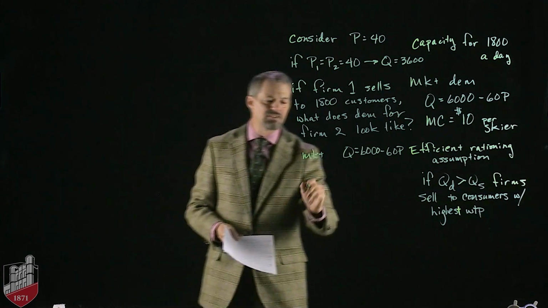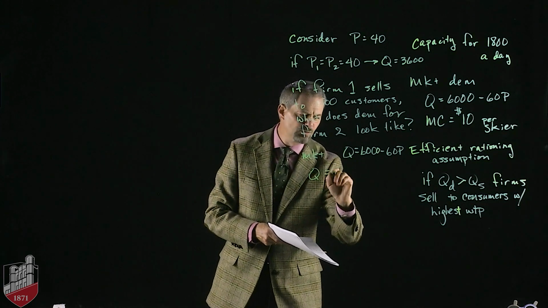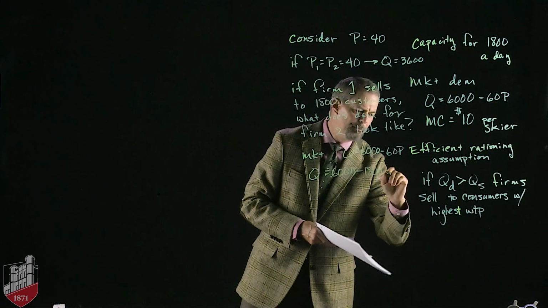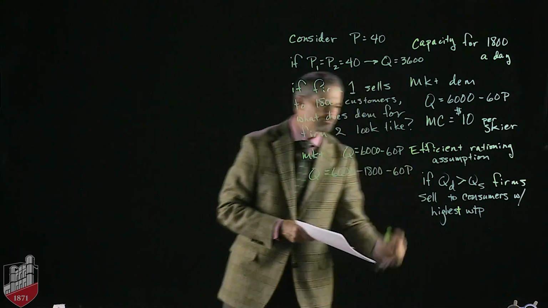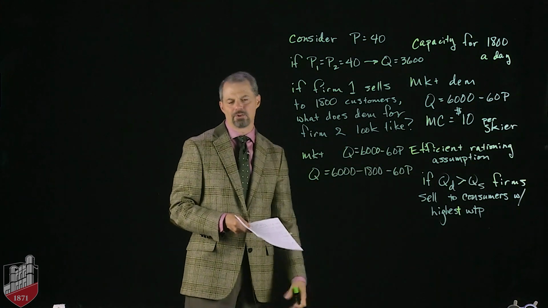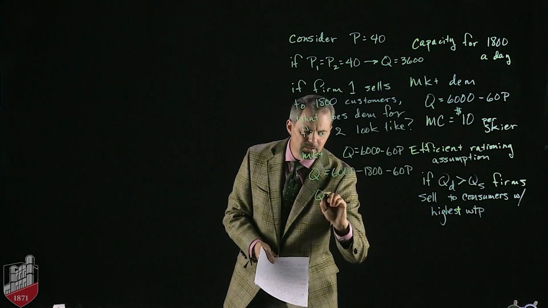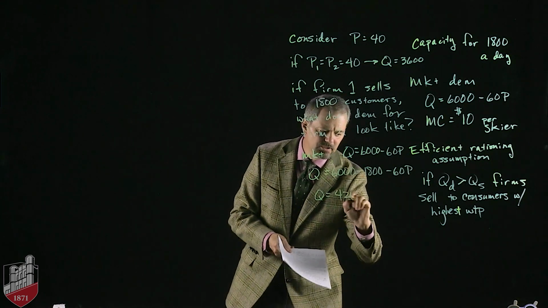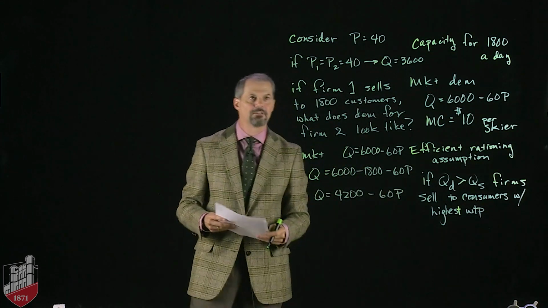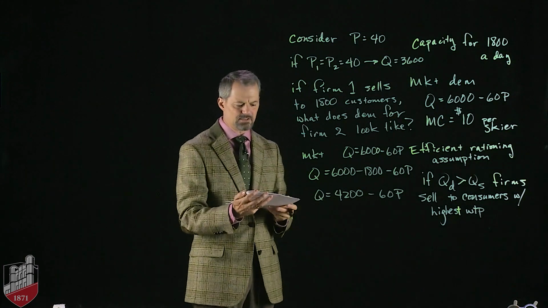And what that allows us to do is say, okay, the demand curve that firm 2 would now face would be 6,000 minus those 1,800 minus the 60p. So we just subtract off 1,800 of the customers, the ones with the highest willingness to pay. So then that leaves our demand curve as 4,200 minus 60p. That would be the residual demand curve that firm 2 faces if firm 1 sells to 1,800 customers.